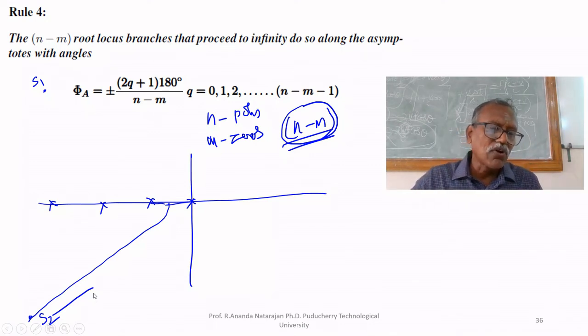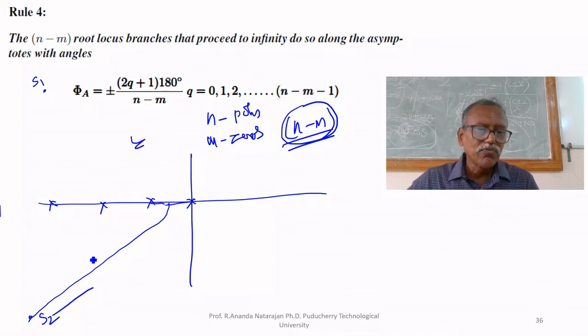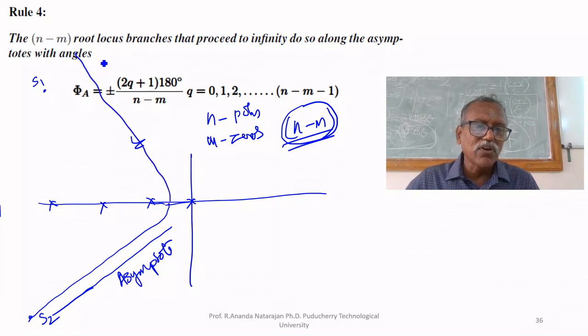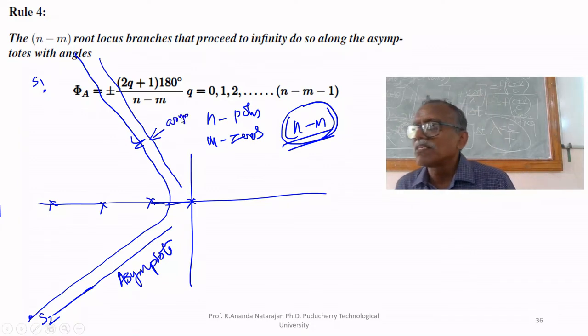Therefore, if you draw an asymptote parallel to this graph, this asymptote will meet the graph at infinity. Another branch goes to infinity at this angle. If you draw a line parallel to this, that is another asymptote.